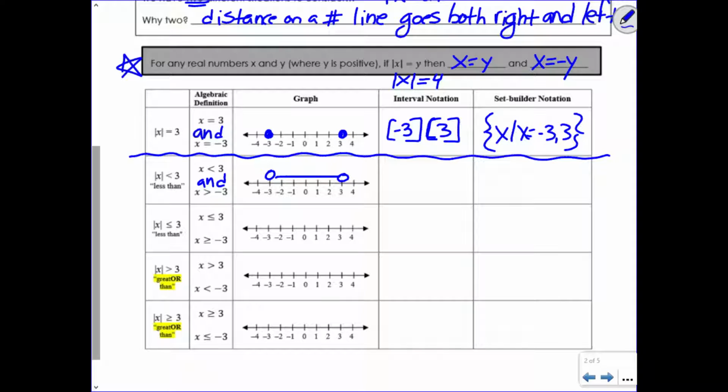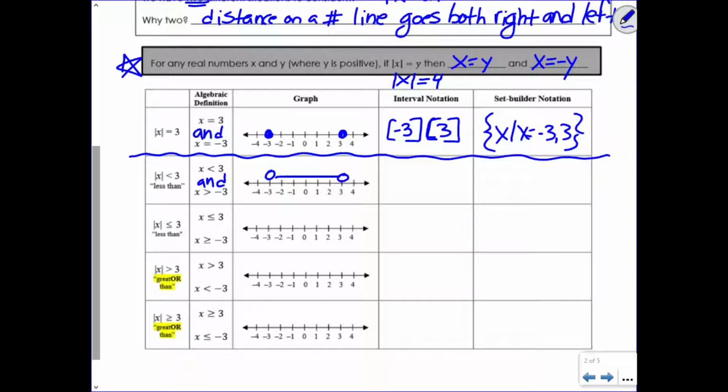Remember, if the distance from 0 is less than 3, then it can't go past 3 on either side, right? Because it's less than. So it's going to be open circles because it's not including 3 or negative 3, and it's going to be in between. So whenever you see the word "and" for an inequality, your graph will look like this. It's inclusion. You want to include people. They're all together, everybody inside, hugging each other. It's like a happy party right there.